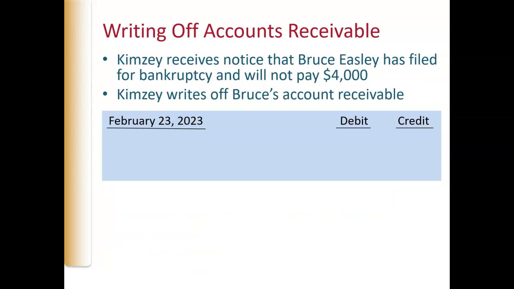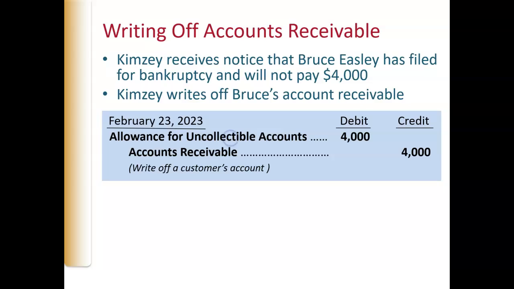Look what happens. Kimsey receives notice that Bruce Easley has filed for bankruptcy and isn't going to pay the $4,000. When we write off his account, we're going to debit this contra account called the allowance for uncollectibles of $4,000, and we credit his specific account for $4,000.